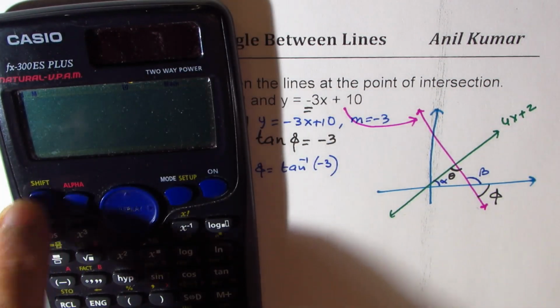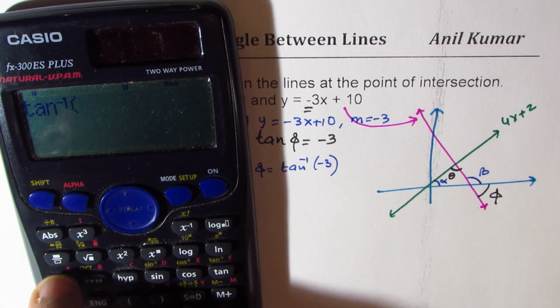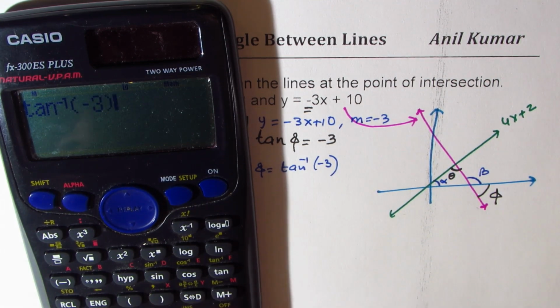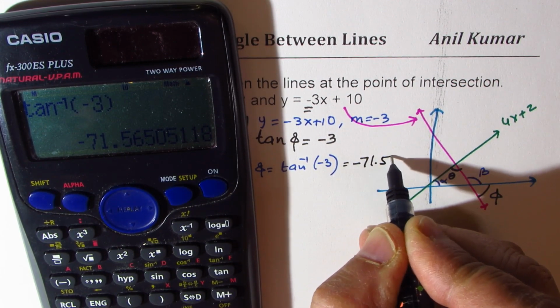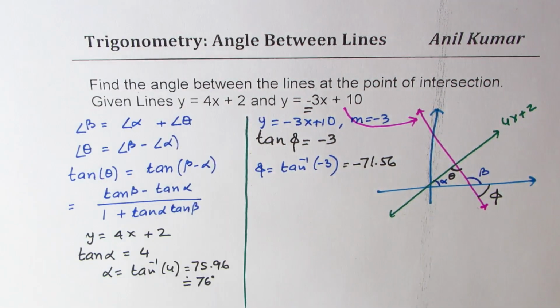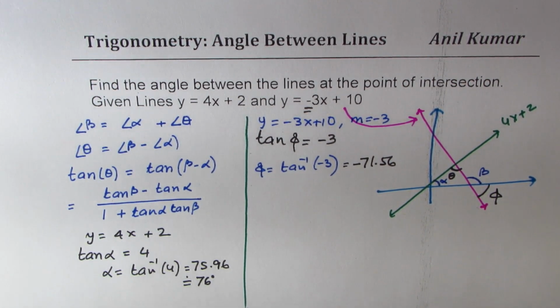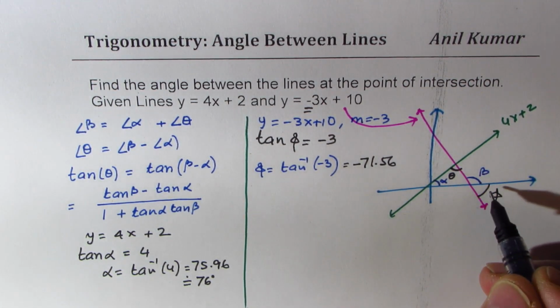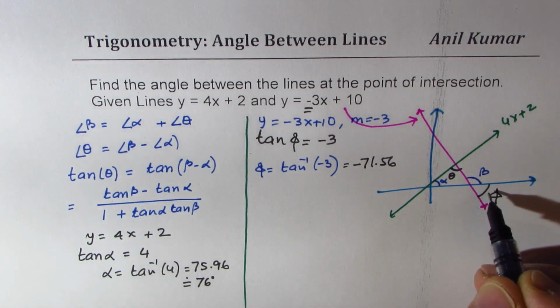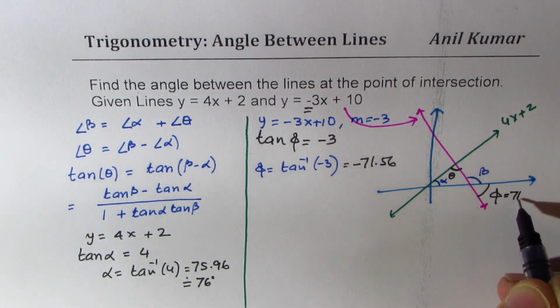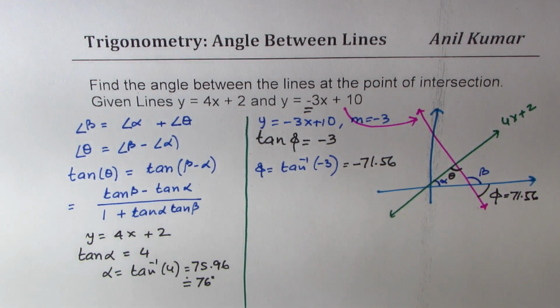When we do shift tan inverse of minus 3, we get an angle which is negative, as expected, minus 71.56. Negative only means that you are measuring clockwise, so from the x-axis, this angle phi is 71.56. Perfect.